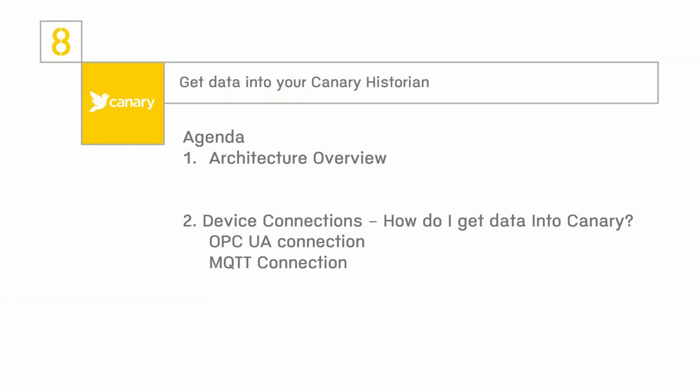And lastly, we'll look at the purpose-built Ignition module from Canary, where you can extend your history provider inside of Ignition to push the data directly into the Canary historian. So those are the three options we're going to explore this afternoon, and I'll show you how to do all three of these connectivity types to get data into Canary.